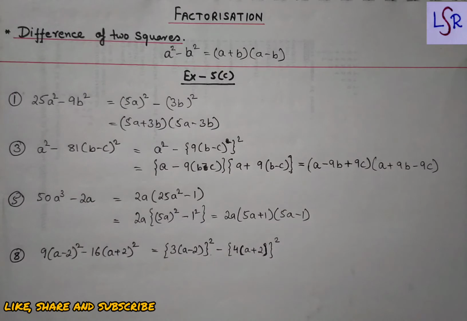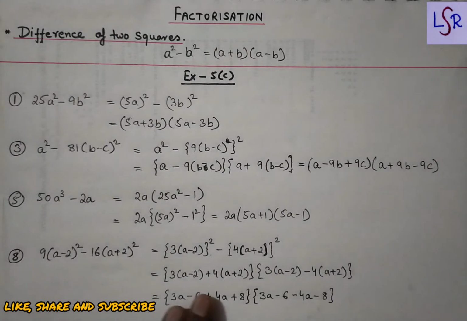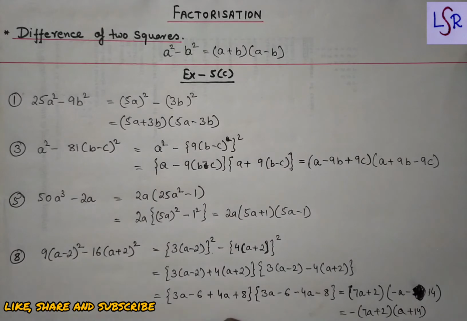Now we will write in the form of a plus b and a minus b, and here we have got this a plus b and a minus b. Now we are going to open the brackets. Now opening the bracket we have got this. Now after that we are going to just solve the like terms in a bracket. On solving we have got this, and then we can take a minus common from both of it, and that will be equals to this one. That's the answer for the 8th question.